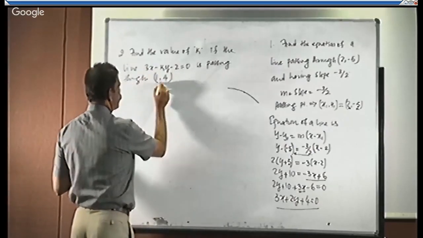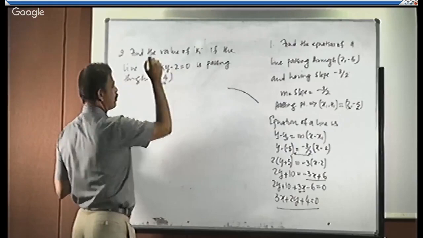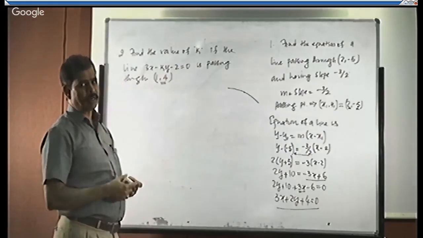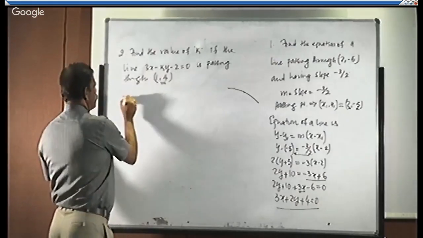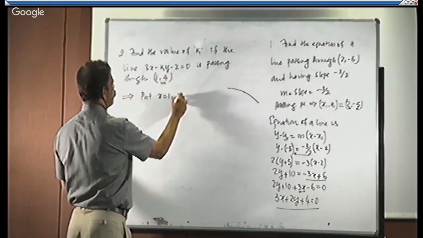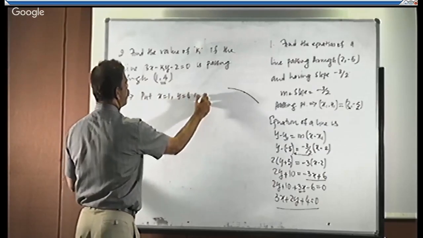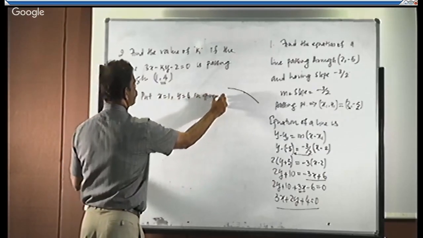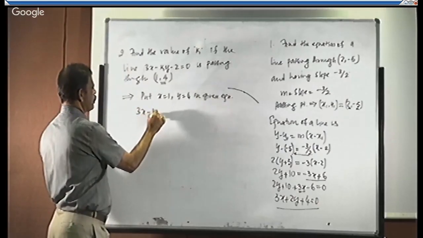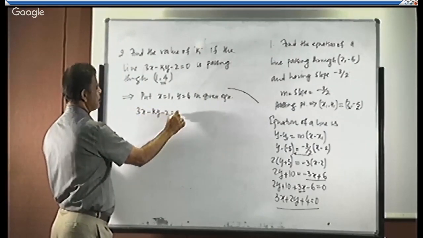So the point should satisfy the given equation if it is passing through that line. So put x is equal to 1, y is equal to 4 in the given equation. What is the given equation? It is 3x minus ky minus 2 is equal to 0.